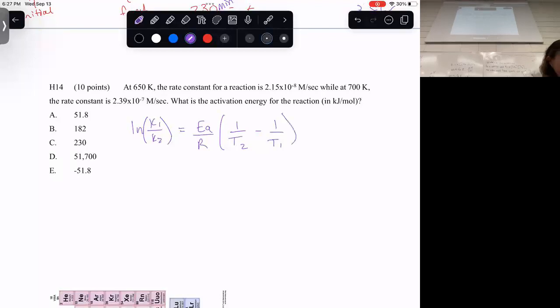I was questioning that because I had it as minus T1 and then the row next to me got minus T1 too. So it doesn't really matter if it's T1 or T2, right? You could also have said ln of K2 over K1 is equal to EA over R times 1 over T1 minus 1 over T2.